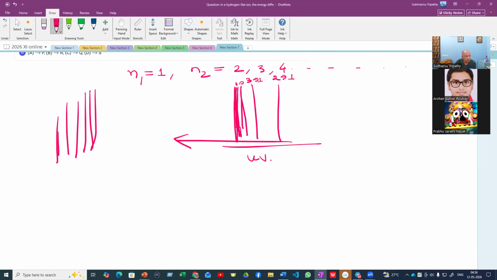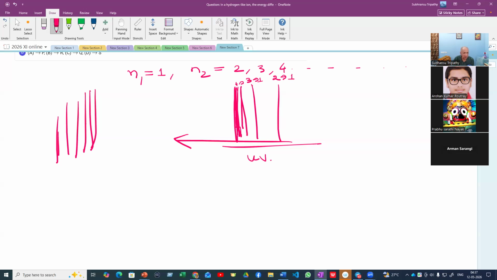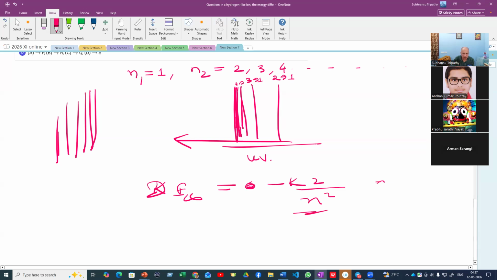And you can find out what the shortest wavelength in that particular series is by keeping E infinity as 0, minus kZ square by n square. N is infinity, so 0. And since it is the Lyman series, it has to come to the first shell, infinity to 1.